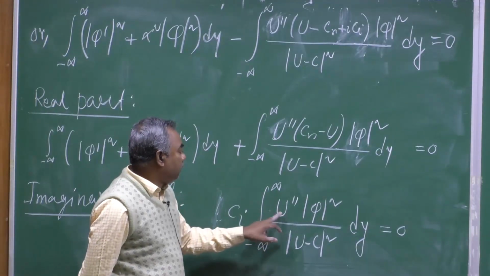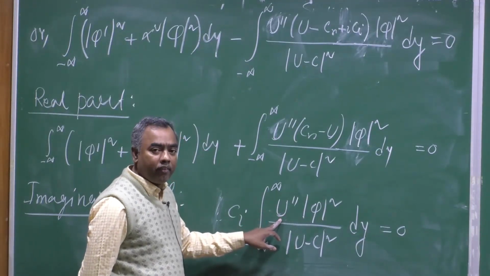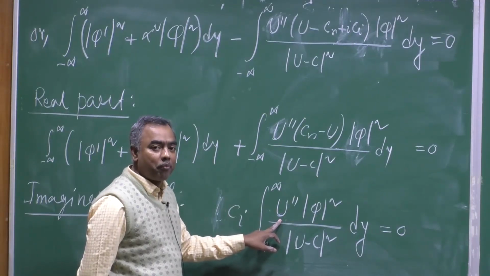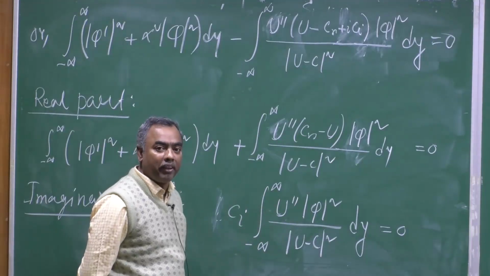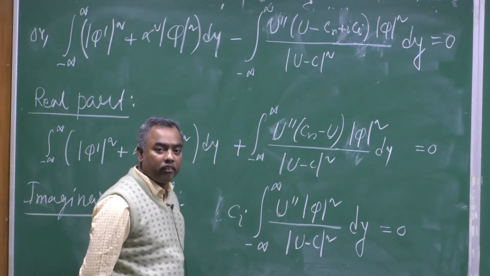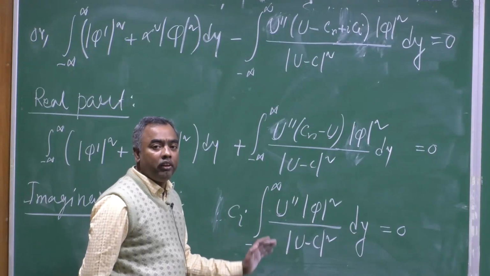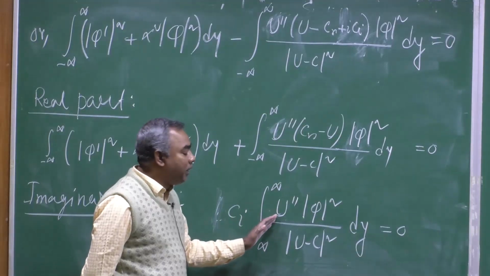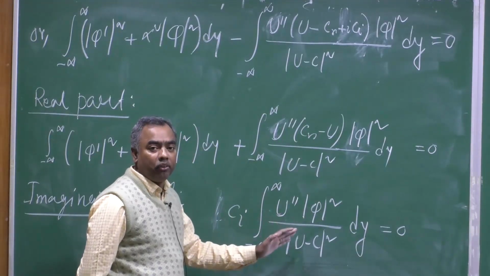That means u double prime somewhere has to be 0 in the flow domain, which means there should be a point of inflection in the velocity profile.